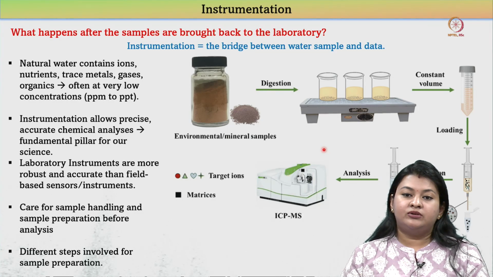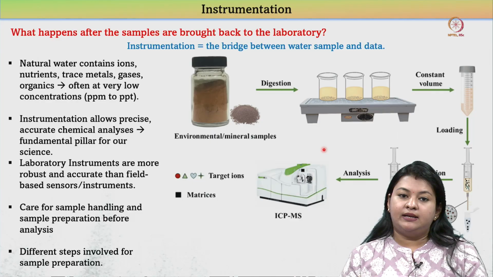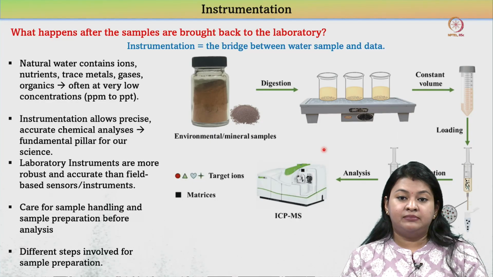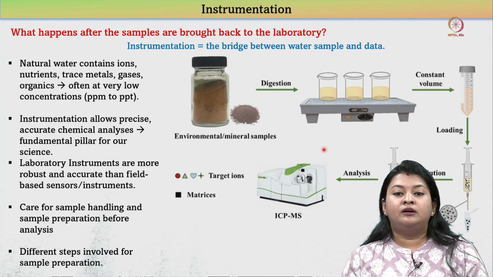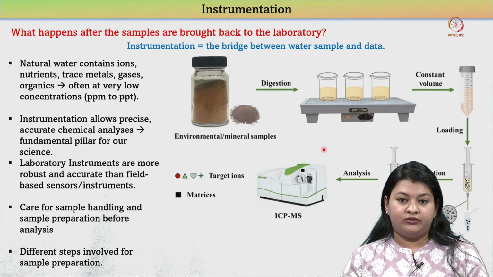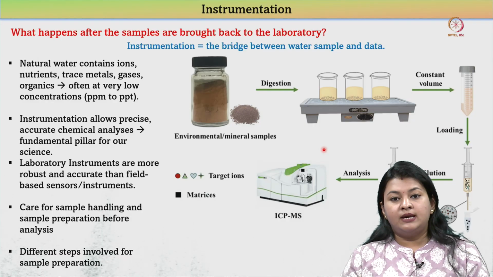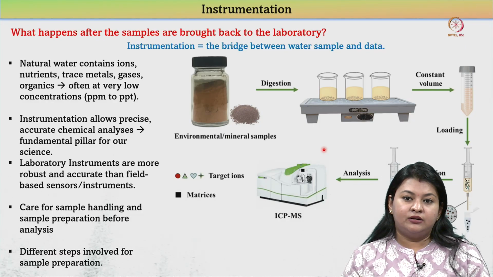So, we always try to bring the sample back to the lab and then do our chemical analysis. And for handling of the samples, we need some clean protocols. Say, for example, for finding out the dissolved concentrations, every vial that you are going to use needs to be cleaned, and cleaning can take 2 or 3 steps.